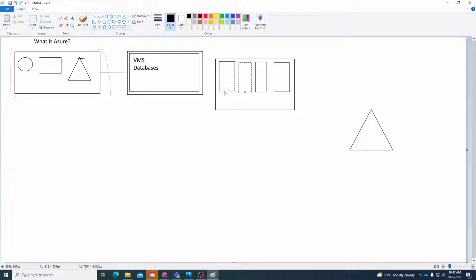So within one facility, you're gonna have a bunch of different data centers, and this could be any amount of miles away, and you can connect to it through networking. So this line is going to represent networking.